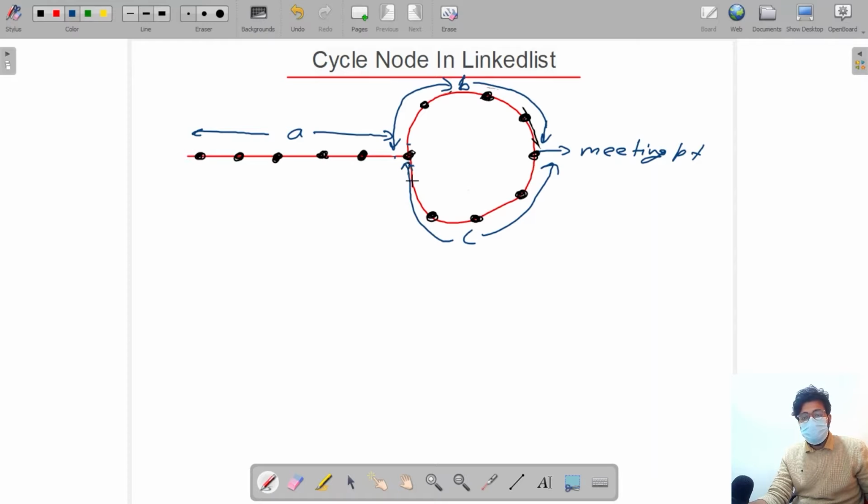If you remember this formula we have derived, it is A equals C plus M minus 2N minus 1 times (B plus C). And what is M here?